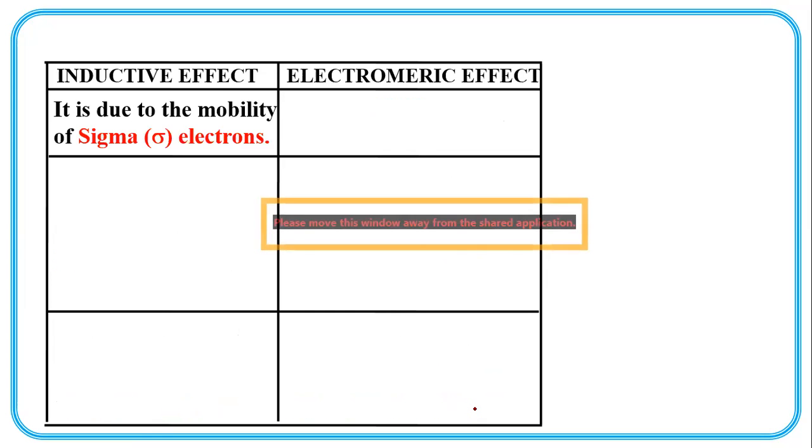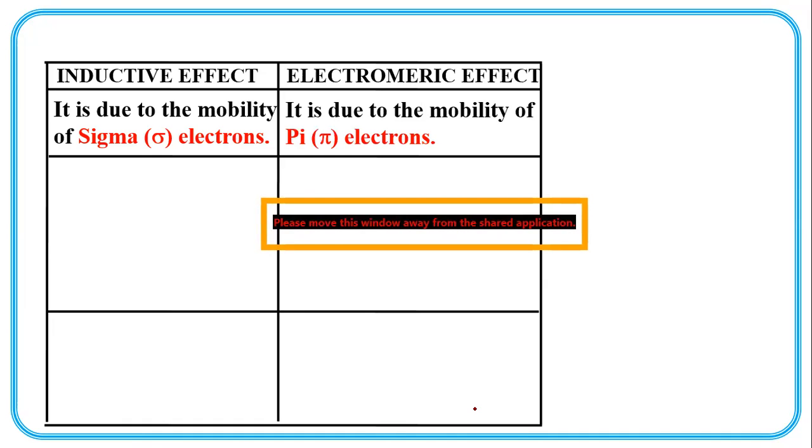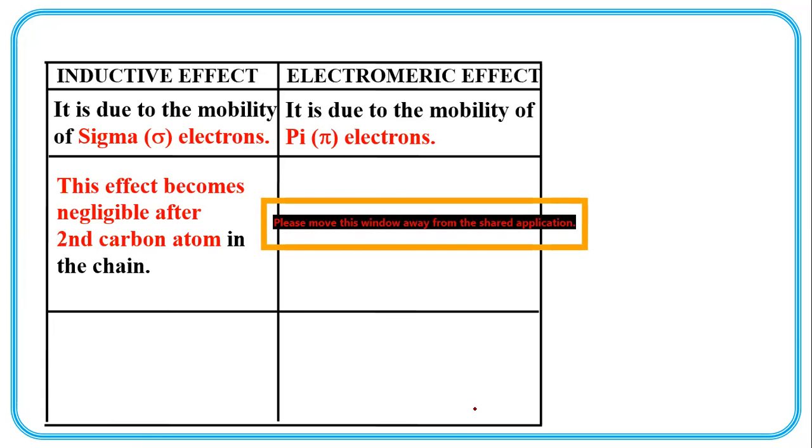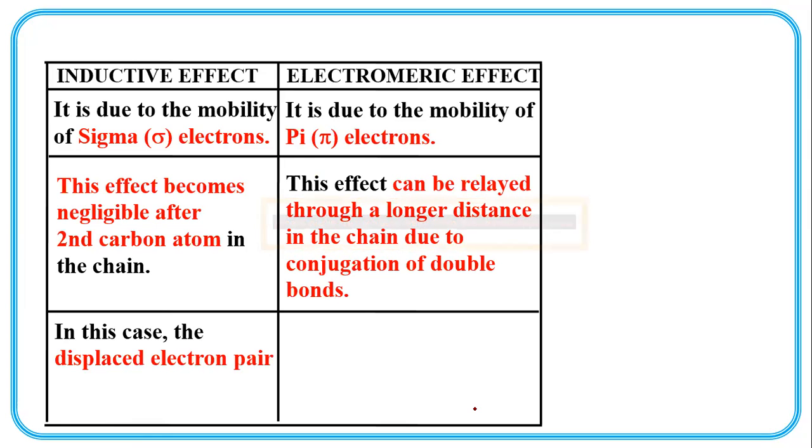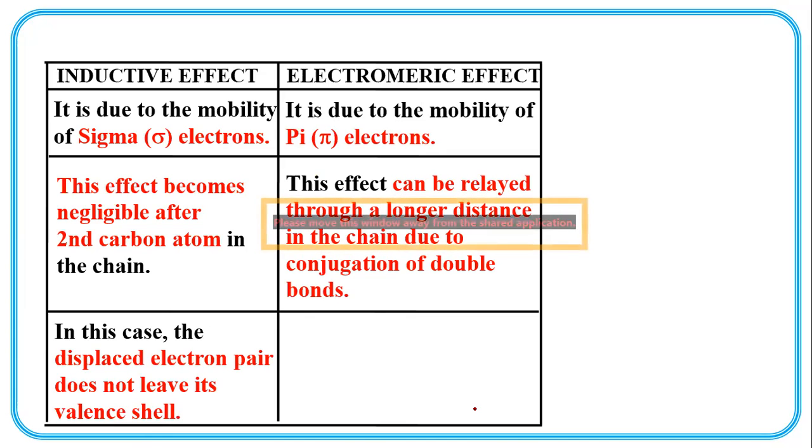It is due to mobility of sigma electrons and it is due to mobility of pi electrons. This effect becomes negligible after the second carbon atom in the chain, and this effect can be relayed through a longer distance in the chain due to conjugation of double bonds. In this case, the displaced electron pair does not leave its valence shell.